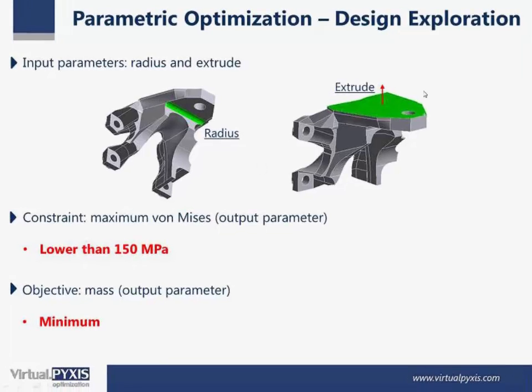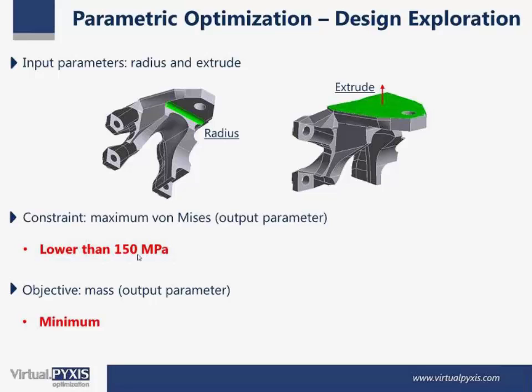The radius is a parameter, and the extrude also. Those are the input parameters. And as a constraint, you control, for example, the maximum von Mises stress of this area of the radius, and the limit for this case is the material yield stress, which is around 300 megapascals.